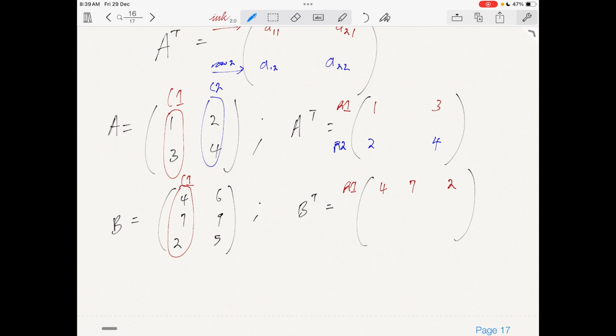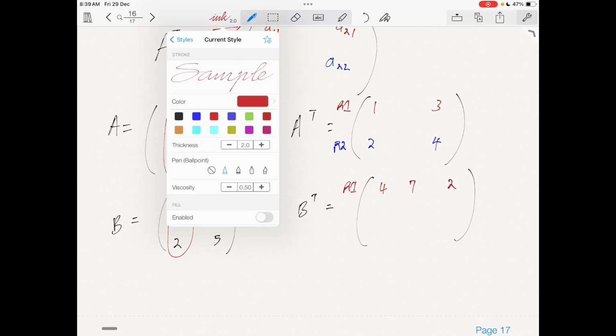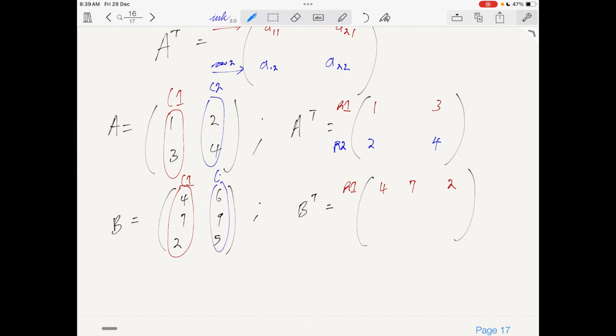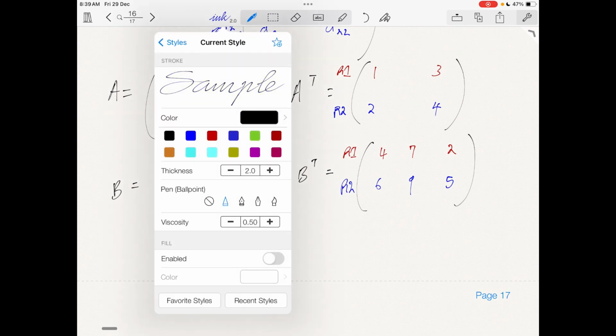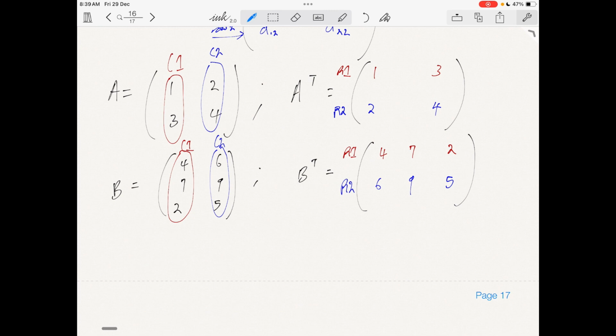And we take the second column, and it becomes the second row, 6, 9, 5. Now, what do we observe? The order of B is 3 rows, 2 columns, so the order is 3 by 2, and the order of B transpose is 2 rows, 3 columns. That's a 2 by 3 matrix.